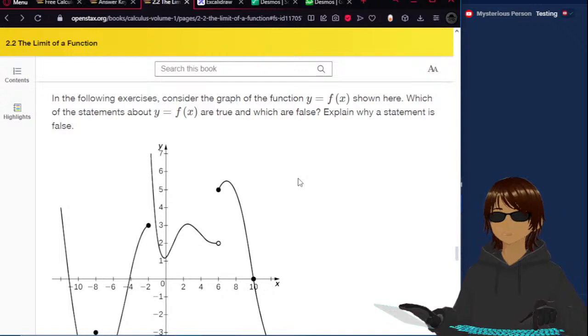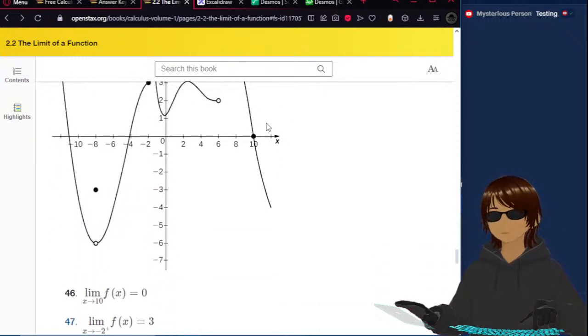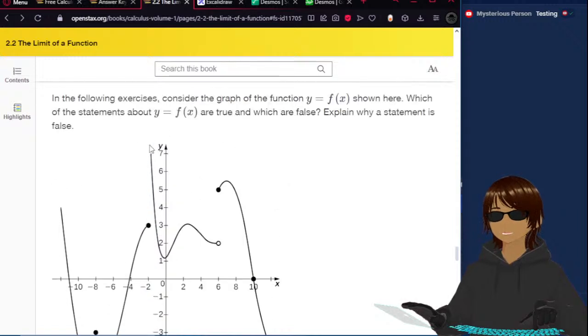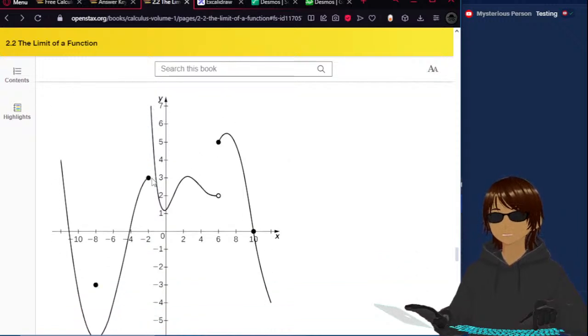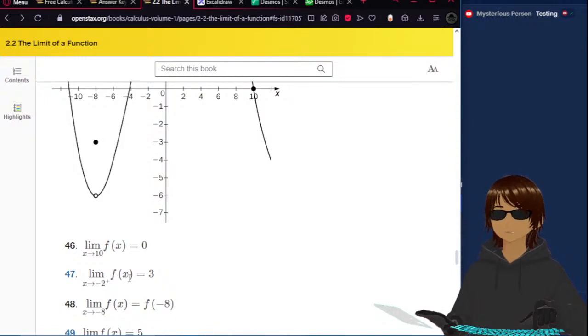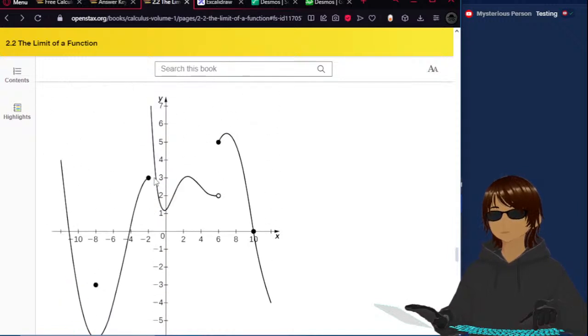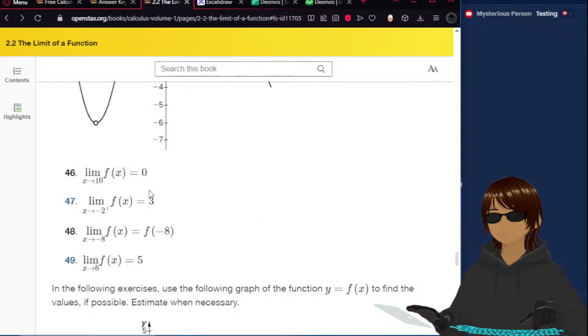Let's see. The following exercise, consider the graph of the function y is equal to f of x shown here. Which of these statements about y equals f of x are true and which are false? So, as x approaches 10 plus, this is true. As x approaches negative 2 from the plus side, it is 7. It's not 3, so that's false.